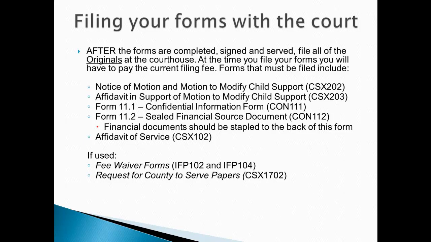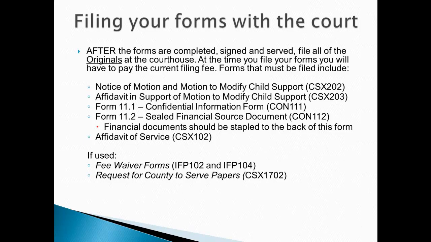They are the Notice of Motion and Motion to Modify Child Support, CSX 202, the Affidavit in Support of Motion to Modify Child Support, CSX 203, Form 11.1, the Confidential Information Form, CON 111, Form 11.2, the Sealed Financial Source Documents, CON 112.